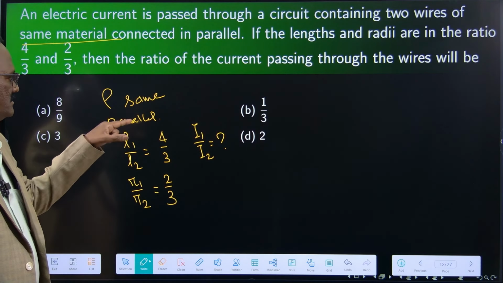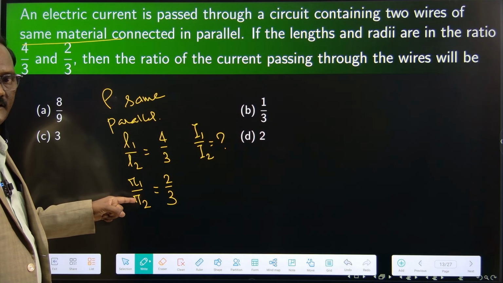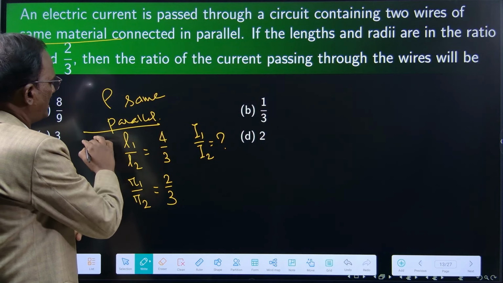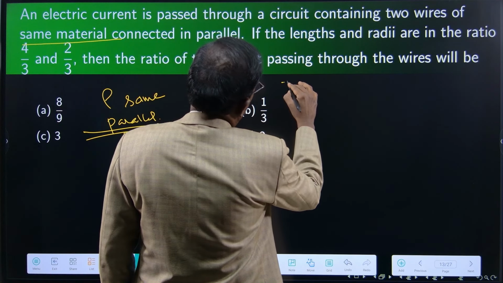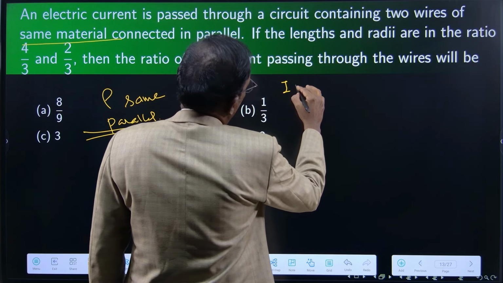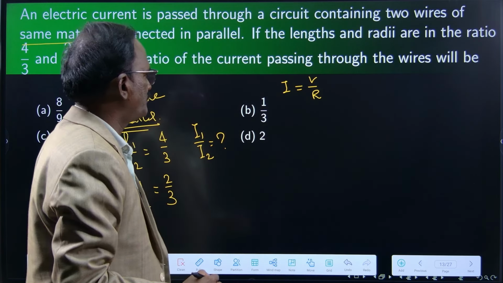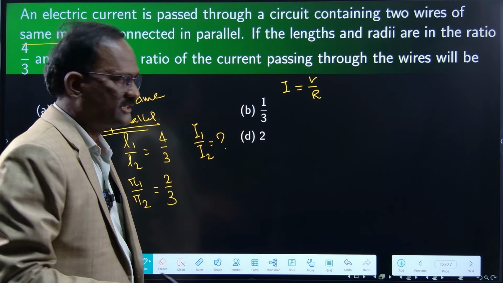Same material connected in parallel, length ratio is given, radii ratio is given. What is the current? They are connected in parallel, right? So for parallel circuit, I is equal to V by R. This formula from Ohm's law I am writing. For parallel circuit, voltage is constant.